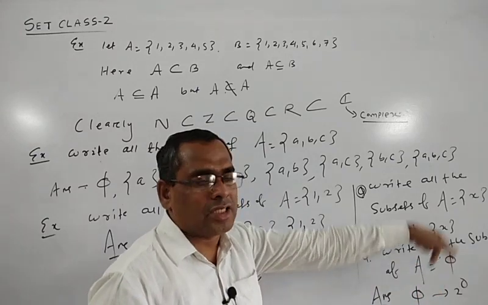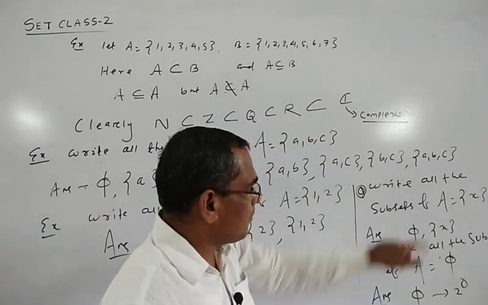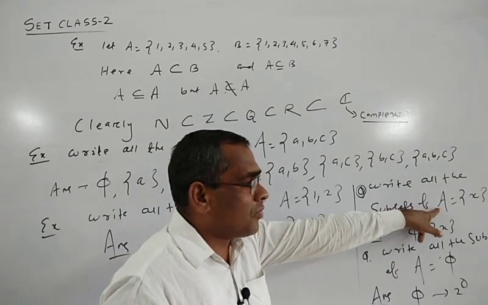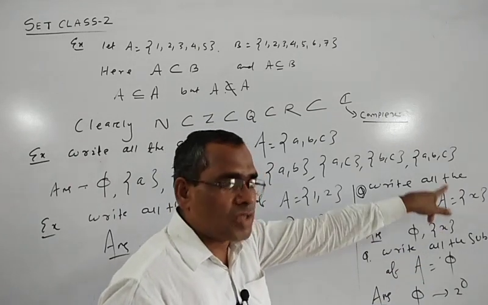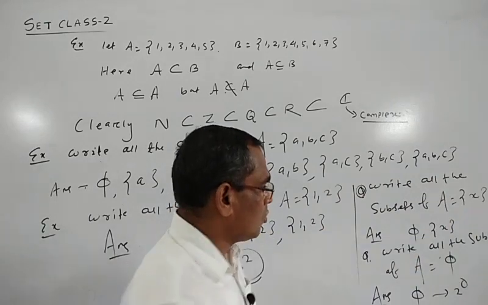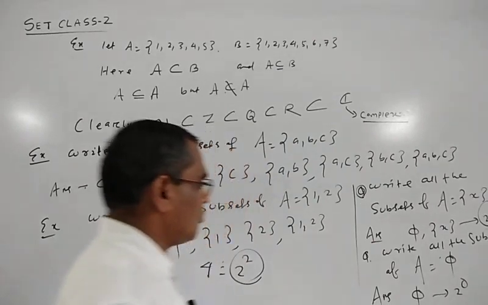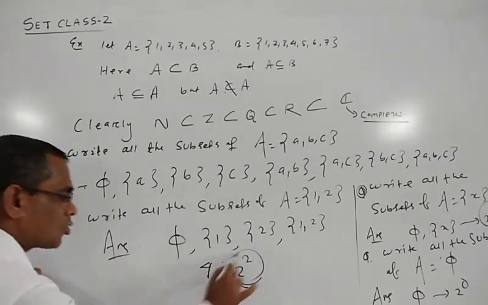The number of subsets of a set containing one element is 2, which you can write as 2 to the power 1. The number of subsets 4 means 2 squared.